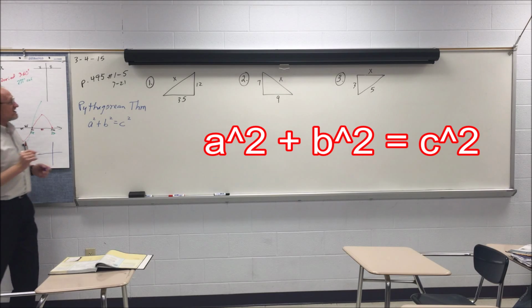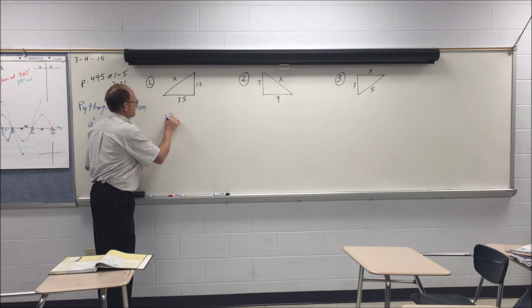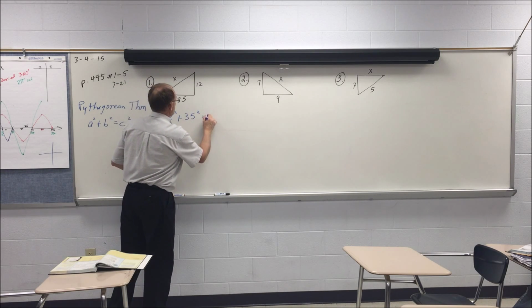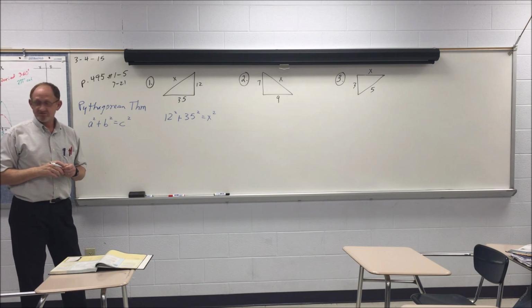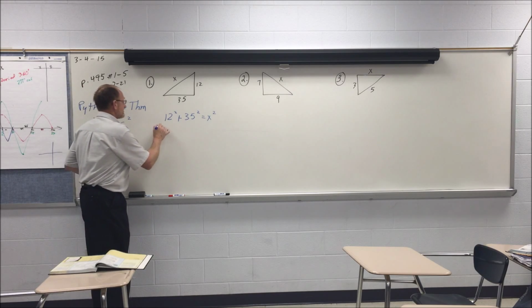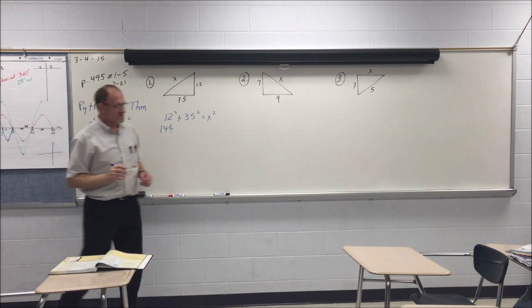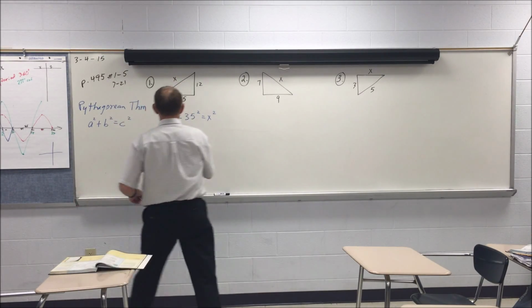Okay, so we're going to set this one up by saying 12 squared plus 35 squared equals x squared. 12 squared is 144. 35 squared is 1225.